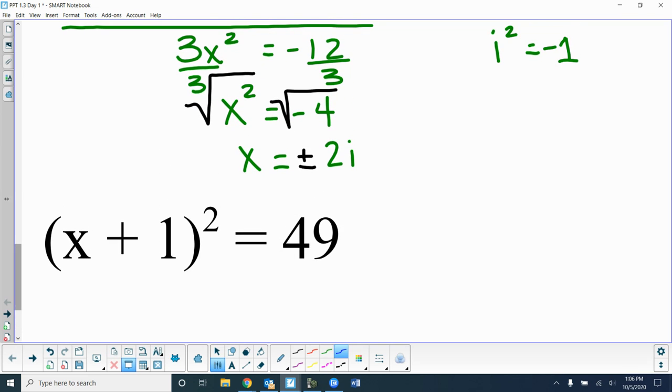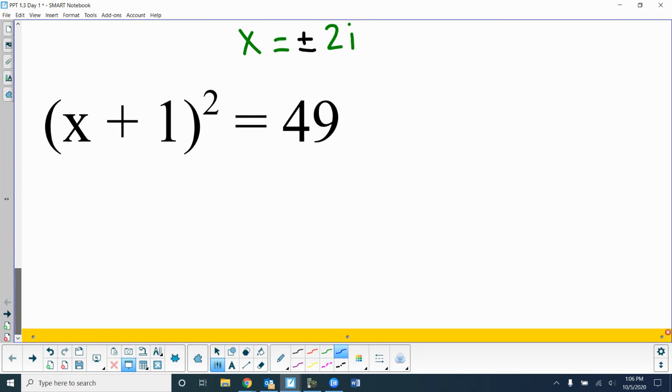Once we got it alone, we square rooted it, right? What did we say the square root of something squared was? Itself, right? So what's the square root of x plus 1 squared? X plus 1.